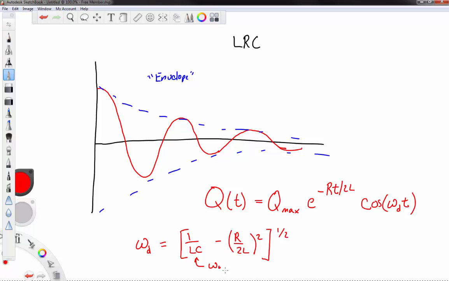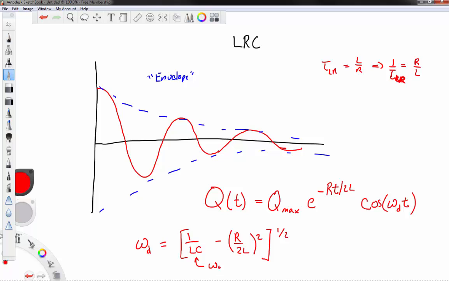And then this right here almost looks like the time constant, or 1 over the time constant, that we used for the LR circuit. Remember that tau sub LR was L over R. So that means 1 over tau would be R over L. And so that looks like the time constant for that one.